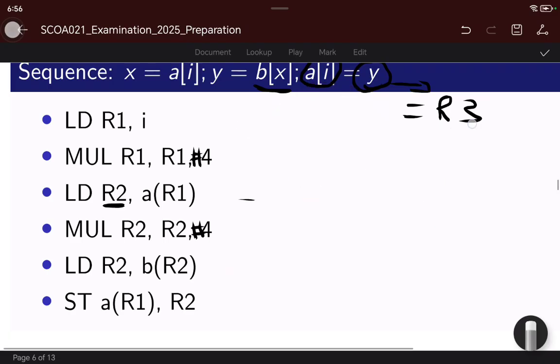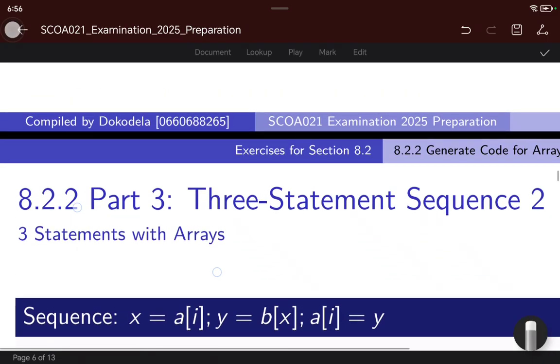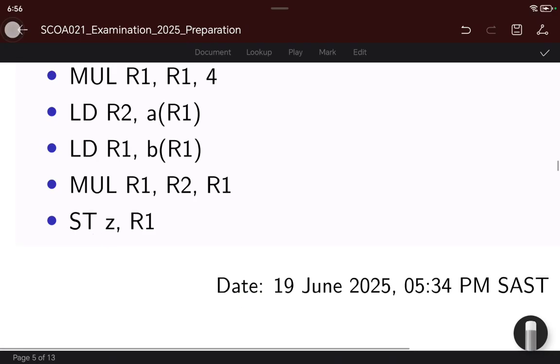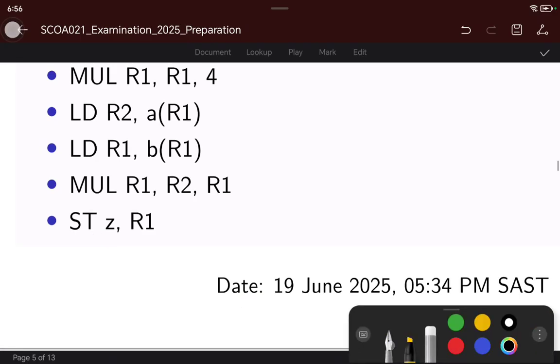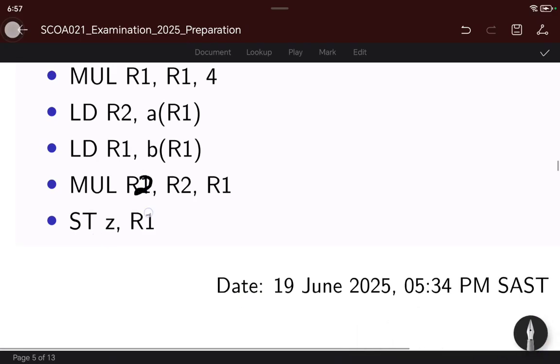Remember, it's the same thing with the one which we just did previously. Here we had R2. Then I said that since this R1 was used, it means that it can be used now. We can take that because it's no longer useful.